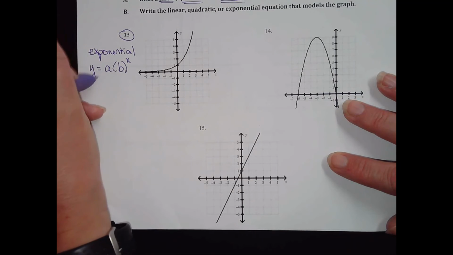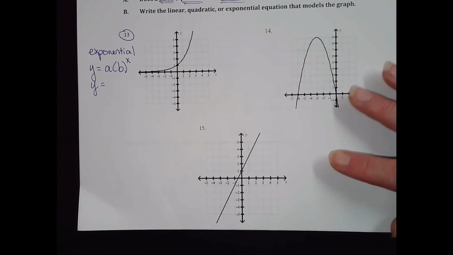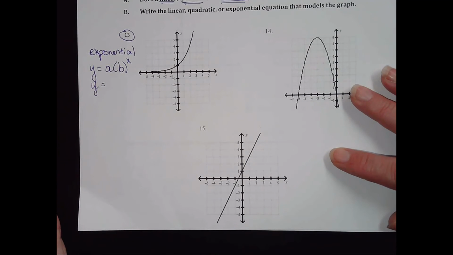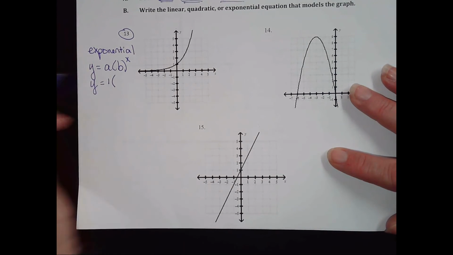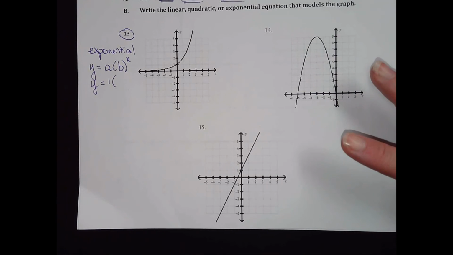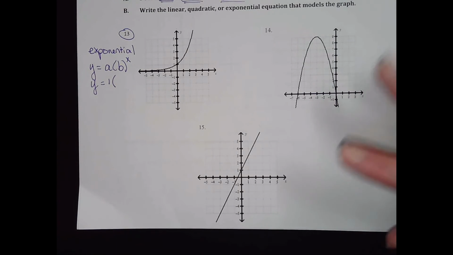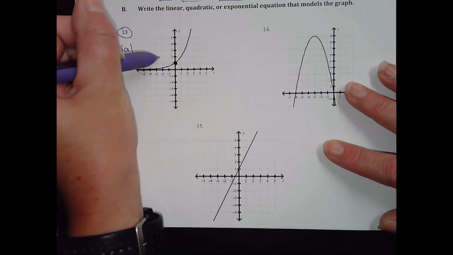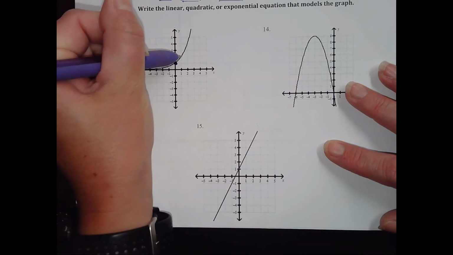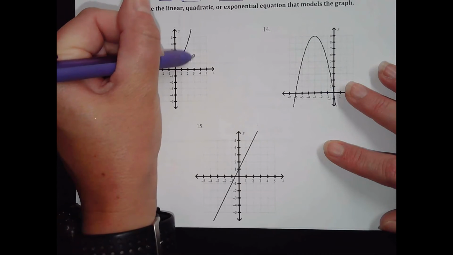A is the initial value. So if you look at your graph, where are we starting? What's the y-intercept? The starting value is 1. Then you have to figure out what the pattern is. With an exponential graph, that's a little bit more difficult if they don't give you coordinates. This point right here is 0, 1. This point is 1, 2.